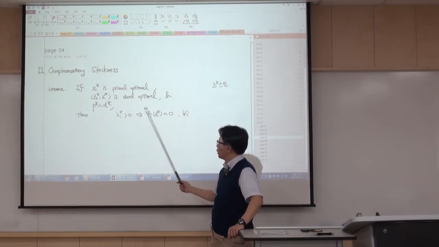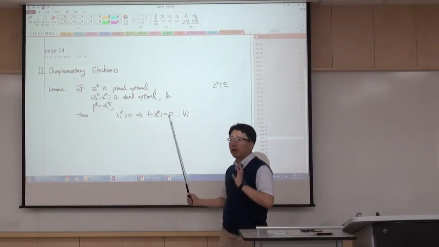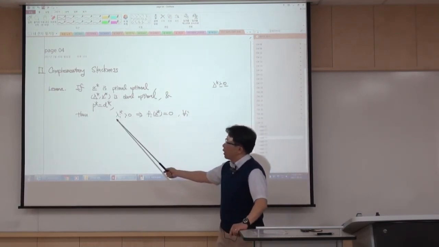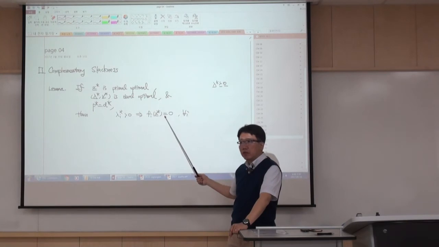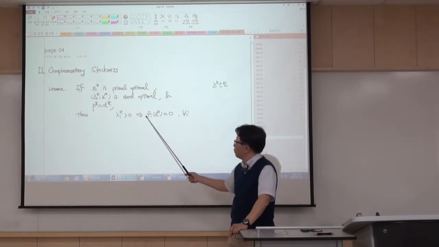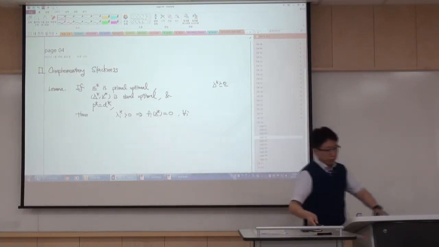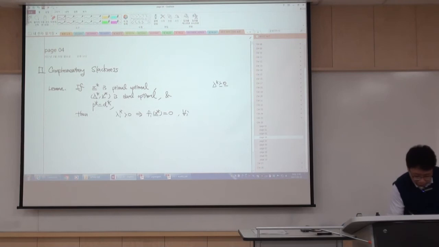If this is true, then this is true. But what's the contrapositive of this statement? If this is not true, then this is not true, right? So actually this then part is the same as what? f_i of x star is less than or equal to 0 means lambda_i star equals 0.